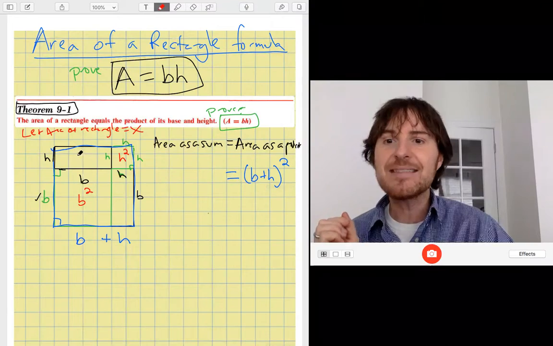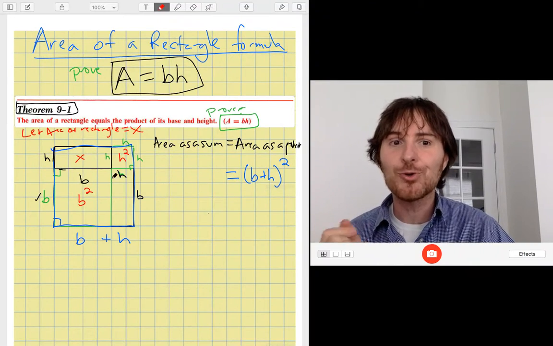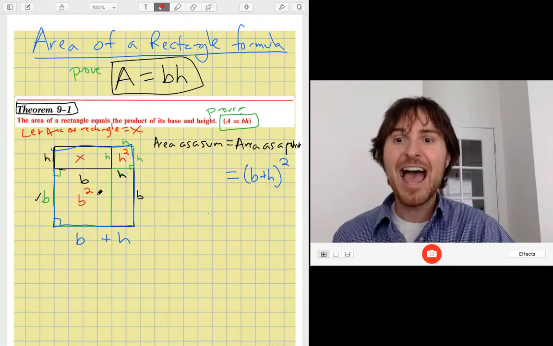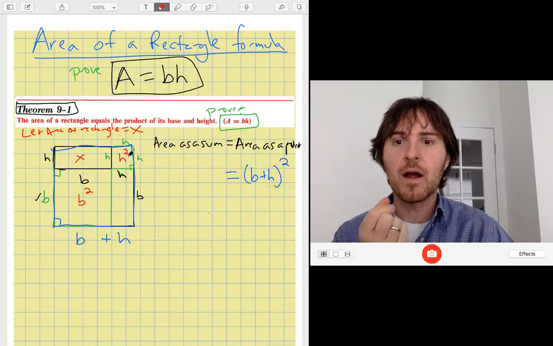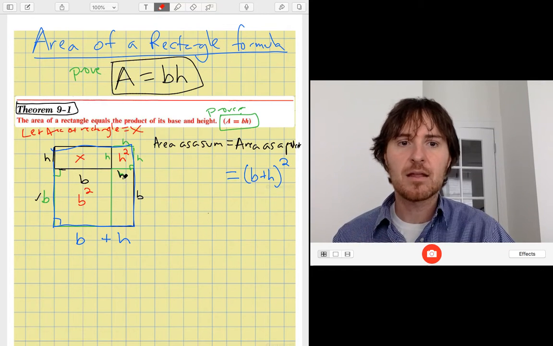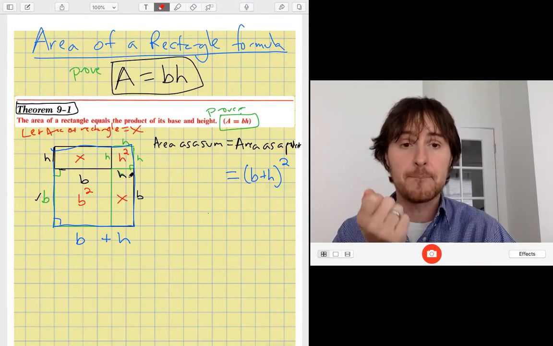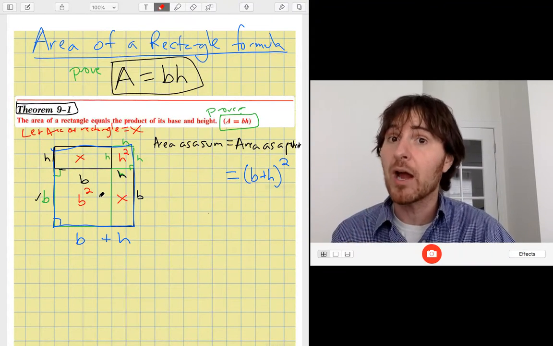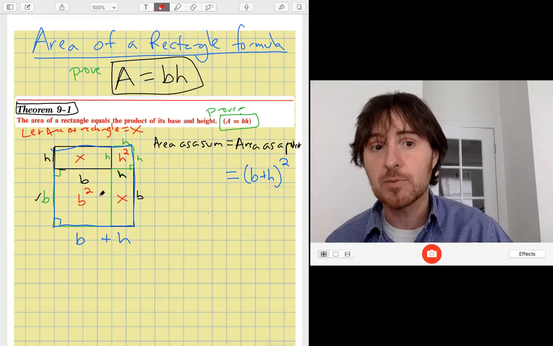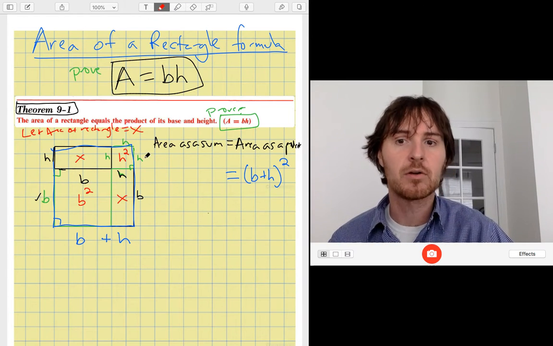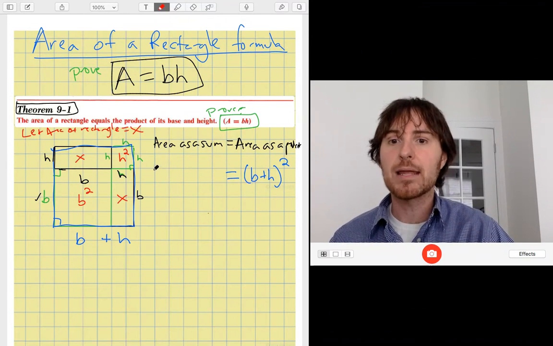So I'm going to make this x right here, because I have two congruent rectangles. By adding that perfect square, that b squared there, and that h squared there, I have another space for this rectangle with base length b and height h over here. So I have x here, I have x here. So my area as a sum of this square, using the area addition postulate, which I know I kind of skipped over this year, is b squared plus h squared.